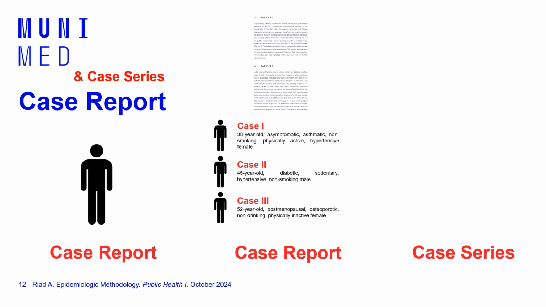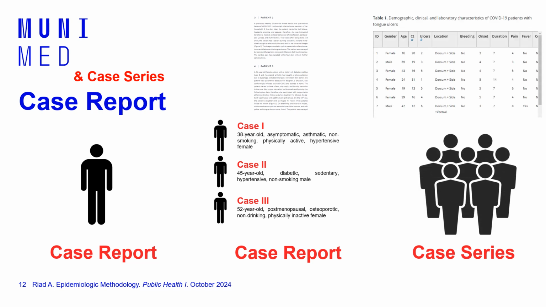So if you have this detailed history of each case, this group is described as a case report. But if you have no specific information or detailed history for each patient, and you have only one table, like these tables that you see, that describes the symptoms of all the cases in the group collectively in one place, without the detailed story of each case, then this is called a case series.